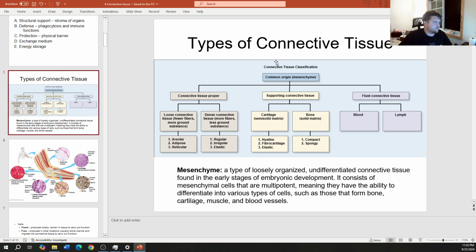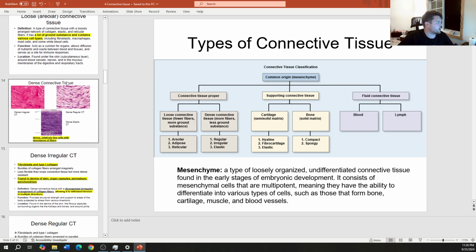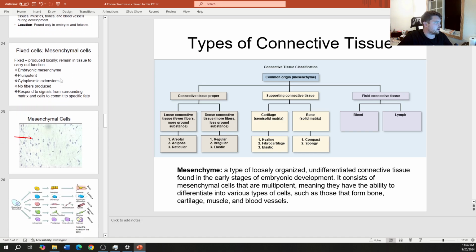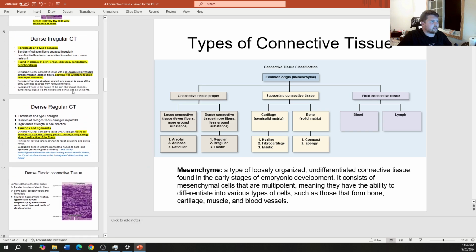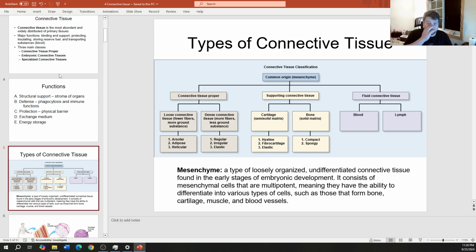So here is a little bit of our connective tissue kind of graph, or table, I should say. All of our connective tissue has a specific origin, which is known as the mesenchyme. We'll get a little bit into the embryology a little bit later on in the slides, but understand that that word mesenchyme, or mesenchymal cells, mesenchymal stem cells, any of those kind of words, is just referring to the embryonic stage or embryonic origin of all of our different types of connective tissue, okay?